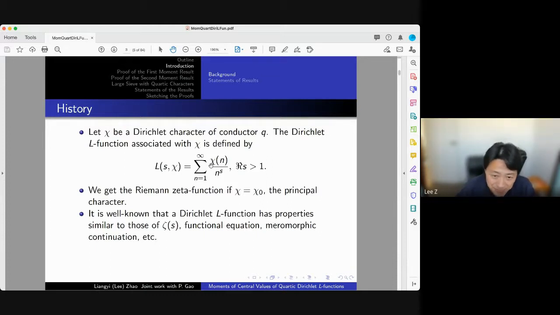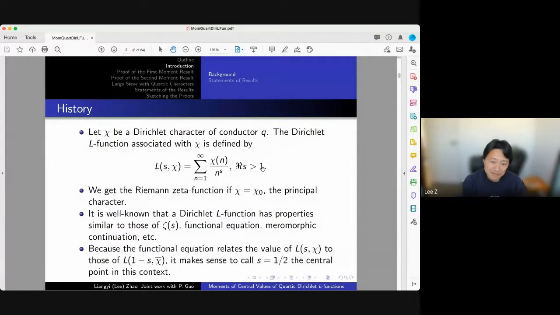In fact, if chi is not the principal character, if chi is not always 1, sorry, I might have misspoken, then this sum converges for the real part of s strictly larger than 0.